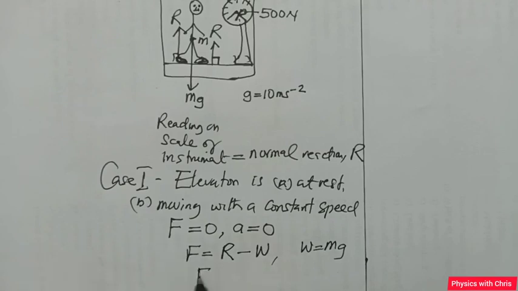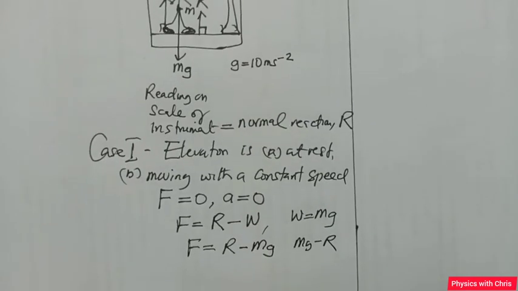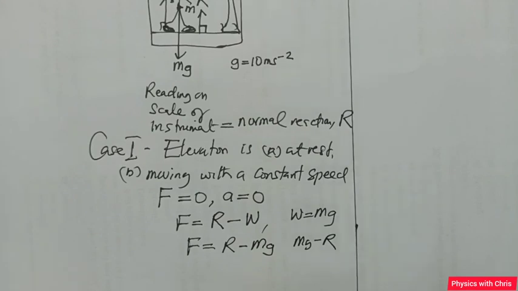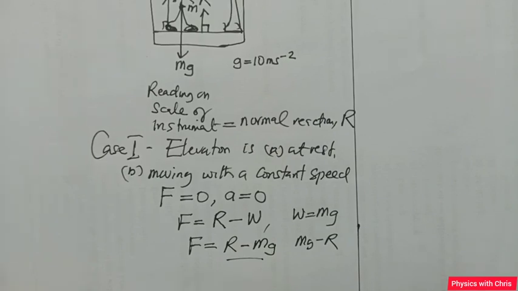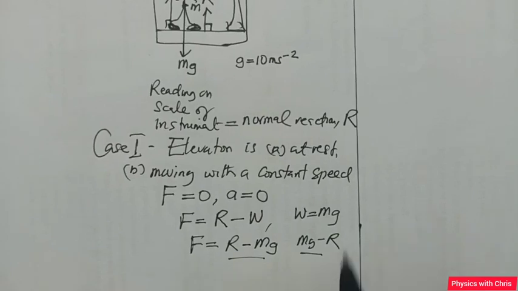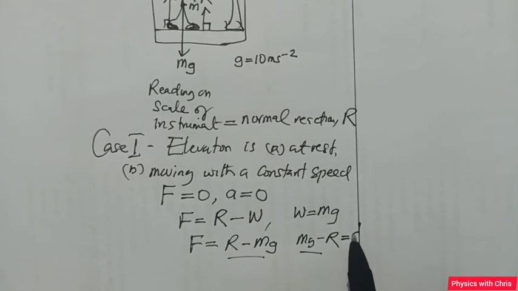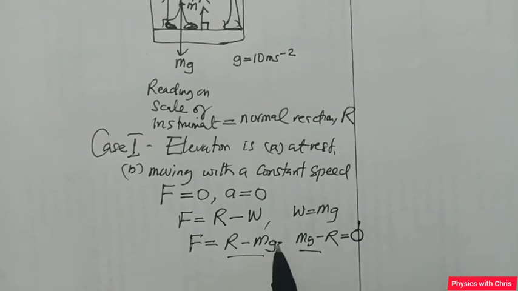So that gives me F equals R minus mg. I can decide to take this direction. Sometimes it can also be mg minus R, depending on the direction of motion. If the elevator was moving upward, then we'll go with this as the expression for the resultant force. But if the lift were moving in a downward direction, we can decide to take this as the expression for the resultant force. In either case, the resultant force is equal to 0.